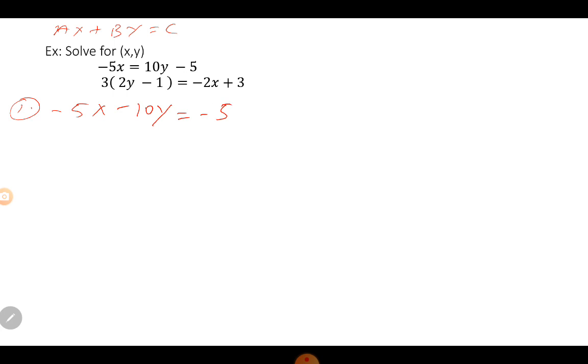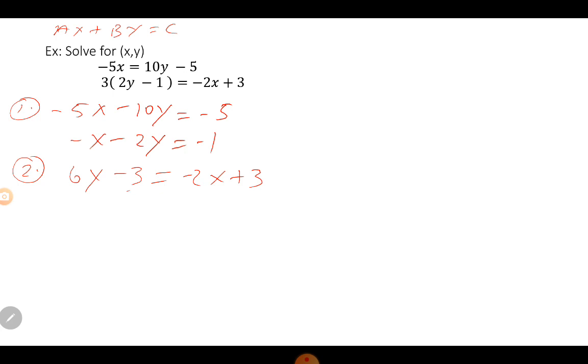Well, here I see that everything is divisible by 5, so I'm going to divide the whole equation by 5. And so this becomes minus x minus 2y is equal to minus 1. Now the second equation, I'm going to distribute out on the left-hand side, so that becomes 6y minus 3 equal to minus 2x plus 3.